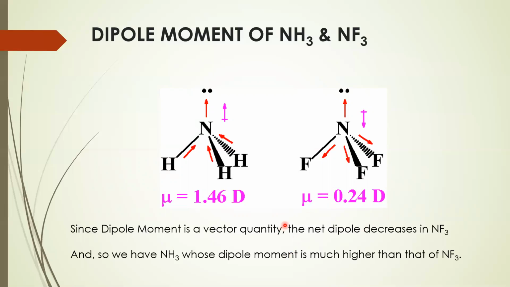As it is a vector quantity, meaning a quantity that depends upon magnitude as well as direction, the direction also matters while measuring dipole moment.